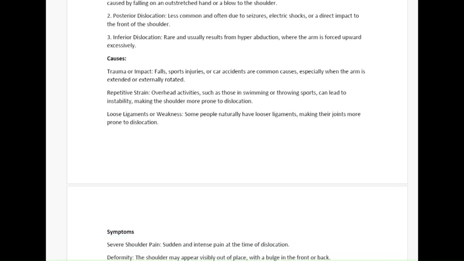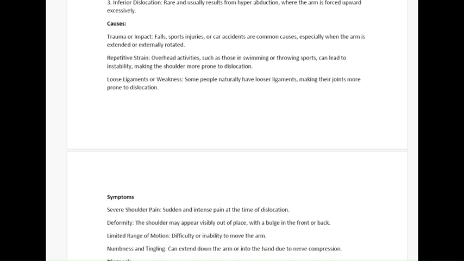The causes: it can happen due to trauma or impact, repetitive strain due to overhead activity, loose ligaments, or weakness. Some people naturally have looser ligaments, making their joints more prone to dislocation.